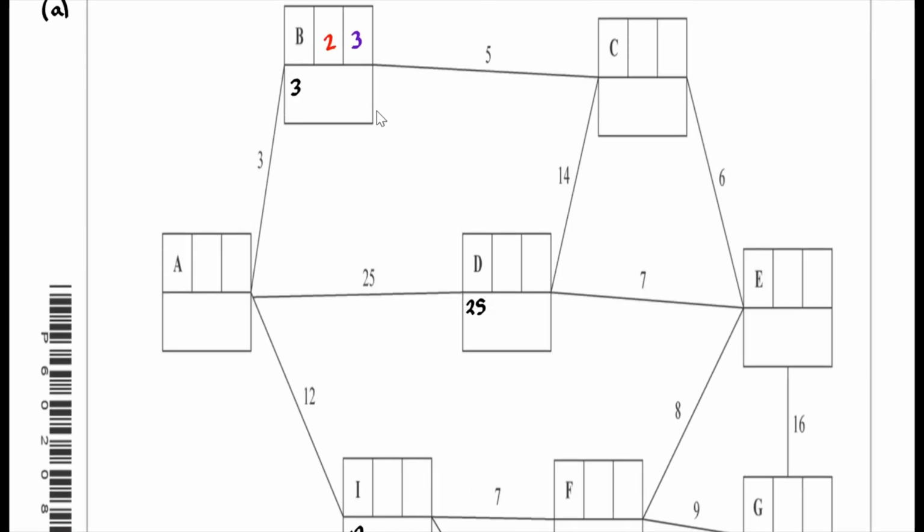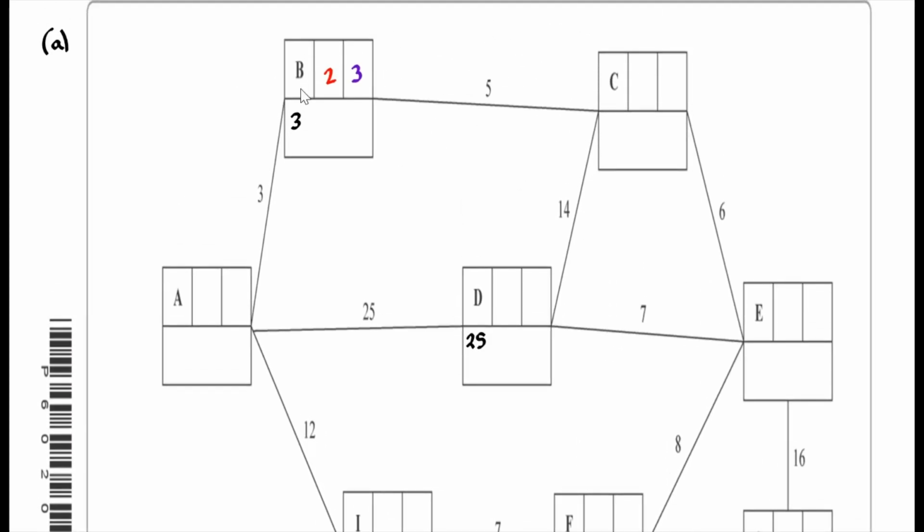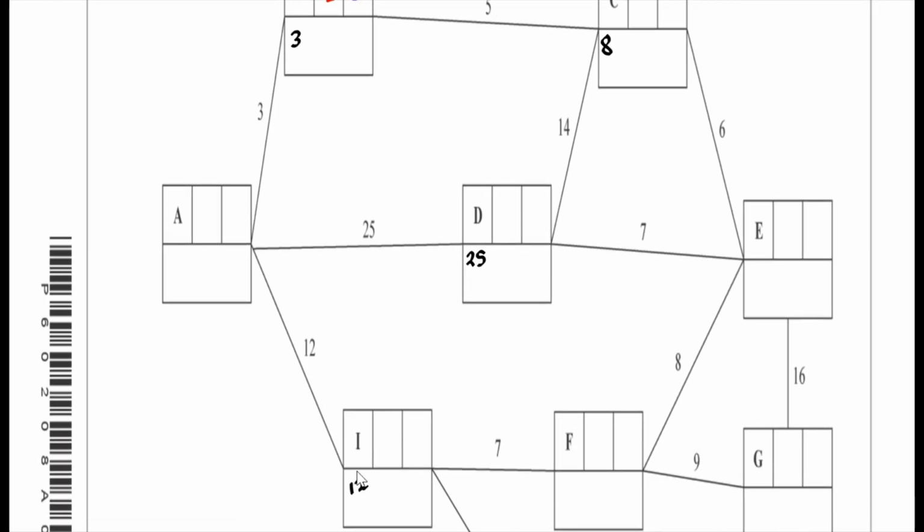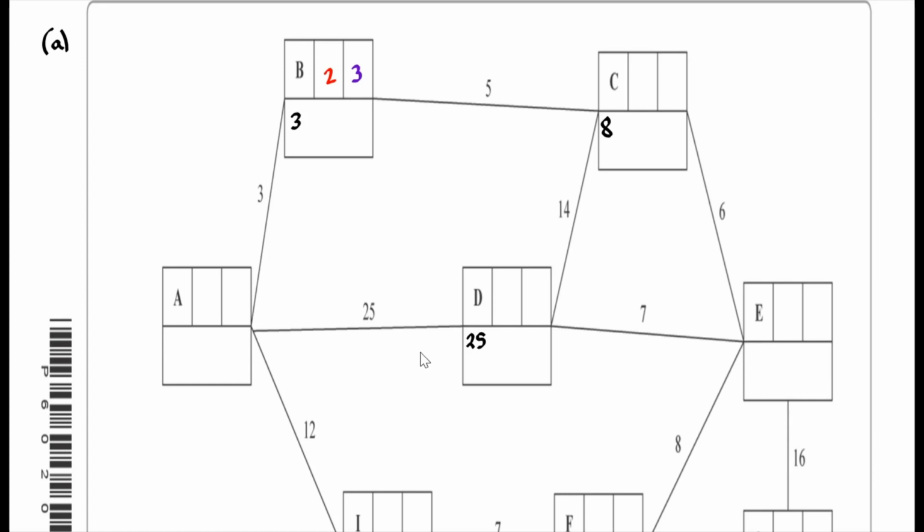We now look at the smallest ones remaining. Now that we've done that, B to C, 3 plus 5, that's 8. We look at the smallest ones between 8, 25 and 12. You'd find the smallest one to be 8, and therefore 3 belongs to C, and we take in this number 8.